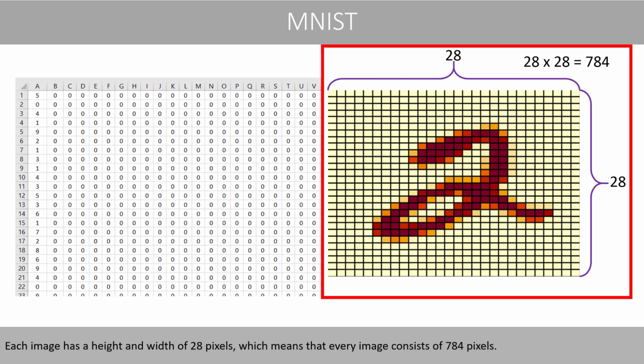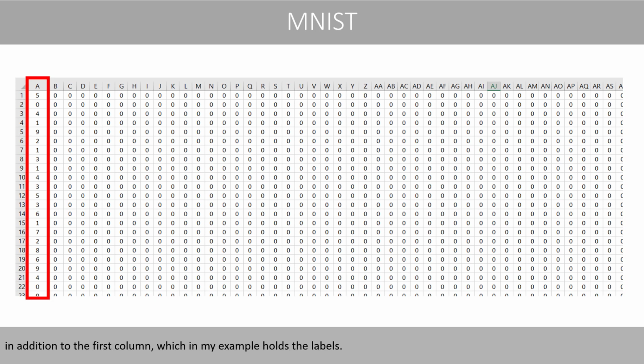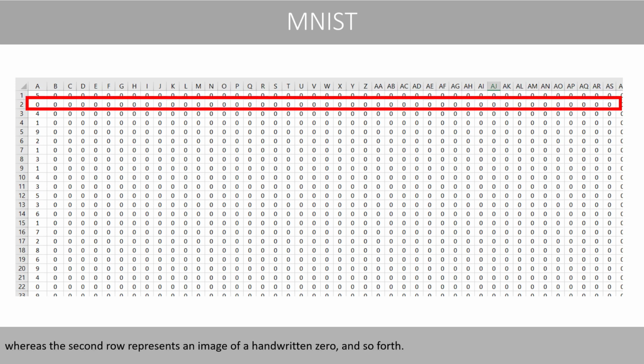Each image has a height and width of 28 pixels, which means that every image consists of 784 pixels. This means that this matrix contains 784 columns in addition to the first column, which in my example holds the labels. For example, the first row represents an image of a handwritten 5, whereas the second row represents an image of a handwritten 0, and so forth.